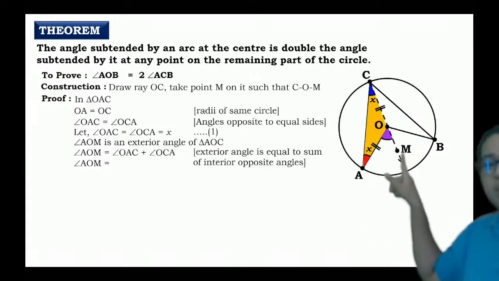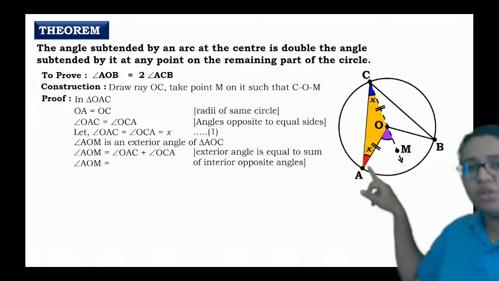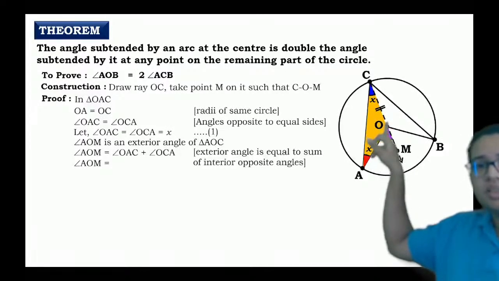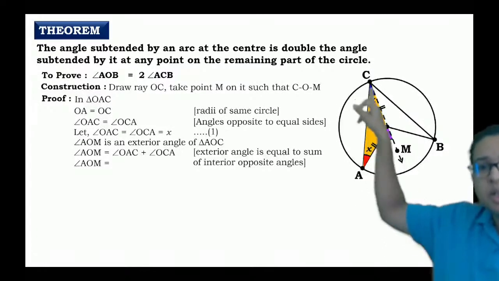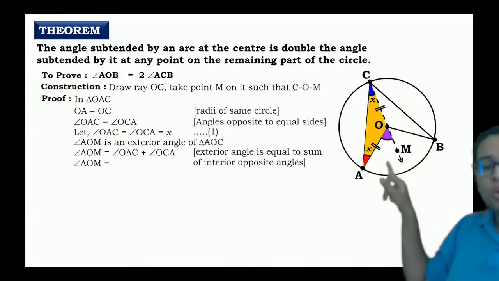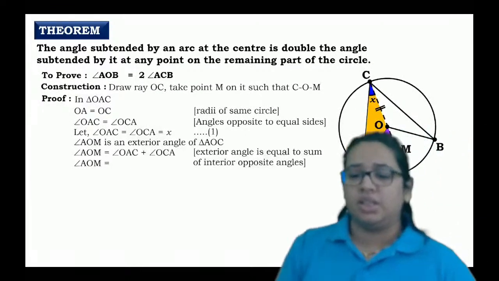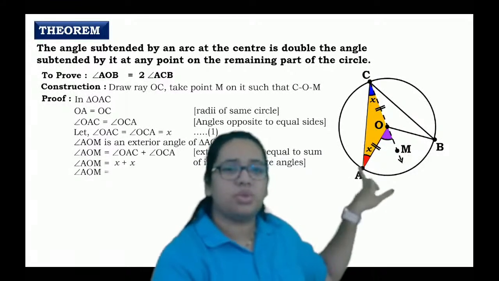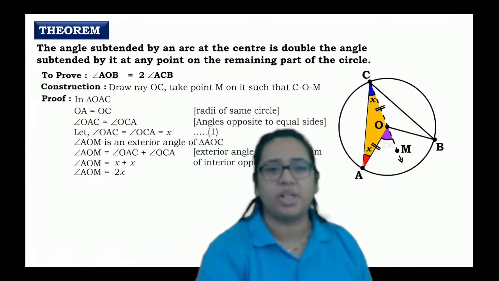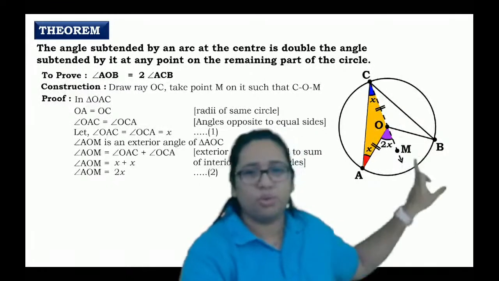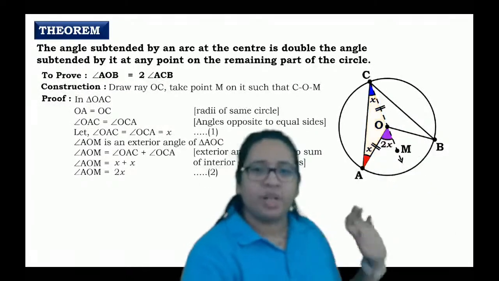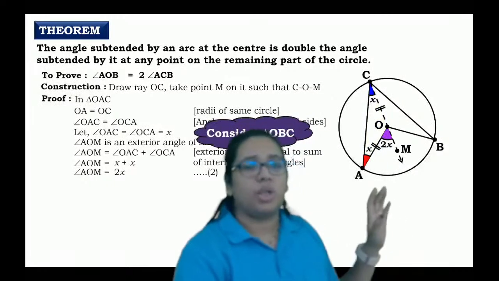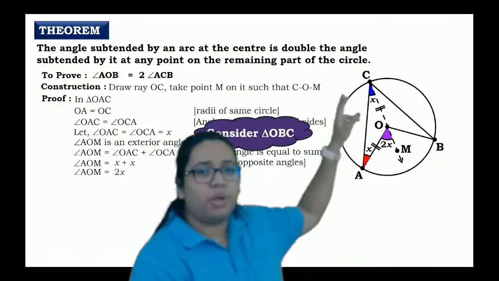As AOM is an exterior angle, the measure of AOM is the same as OAC plus ACO. Hence, AOM equals x plus x, which is nothing but 2x. The measure of angle AOM will be 2x. Done up to this.